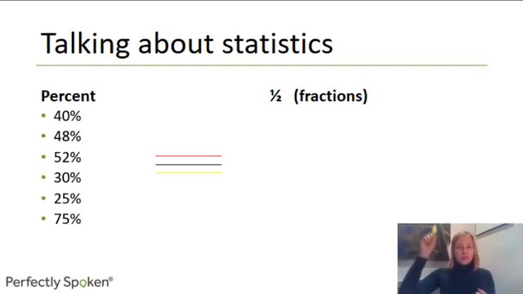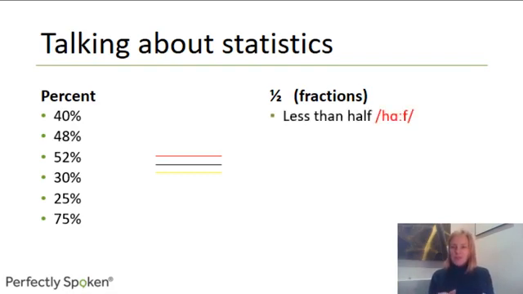On the other side of the screen, we've got fractions. For example, you've got half. Half is the same as 50%. 0.5 is half. Then we've got less than half.